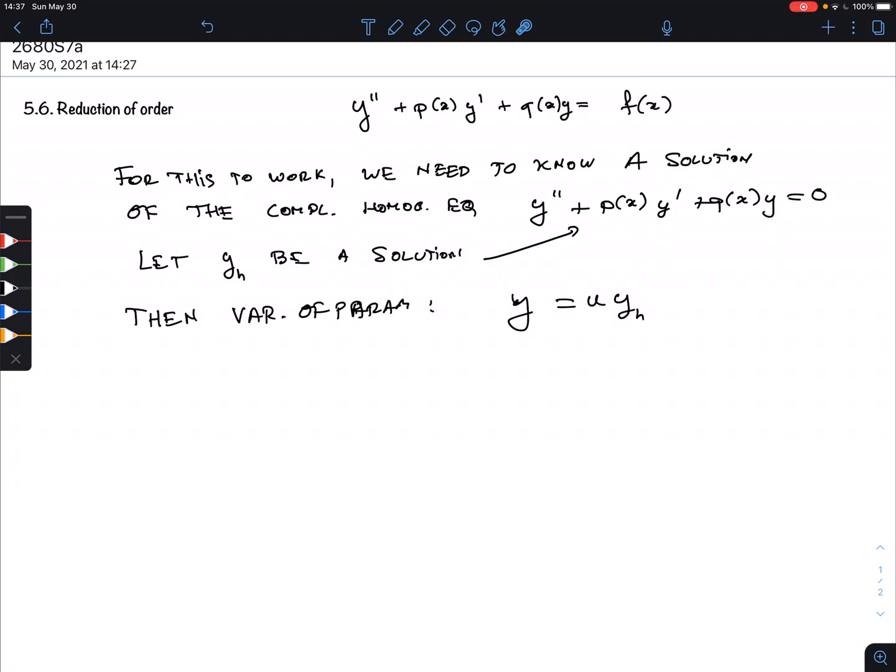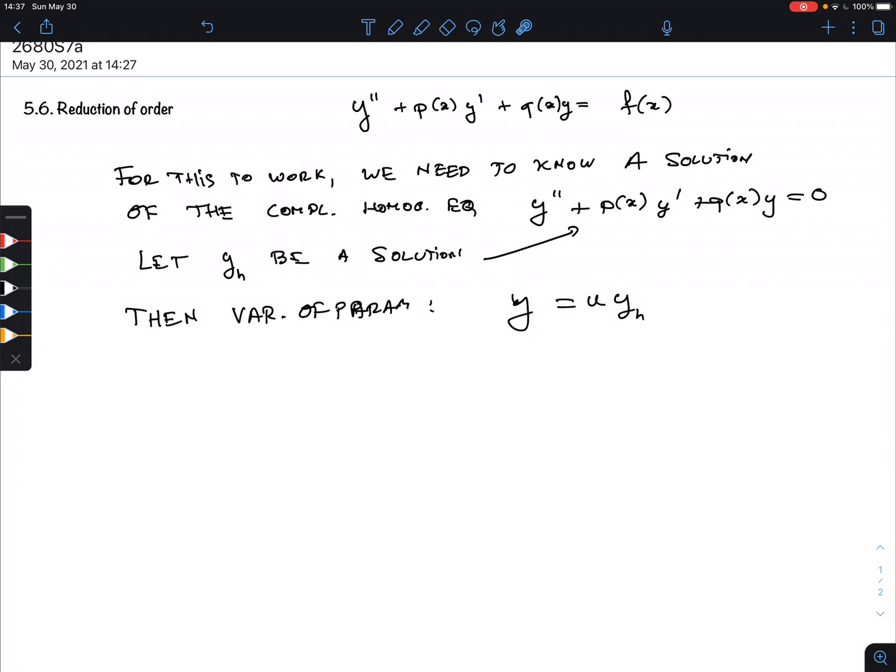Now, as a note, in this section we will always be given this homogeneous solution. So how we find it is not at stake here. The question is, if you have one, how do you find every one?